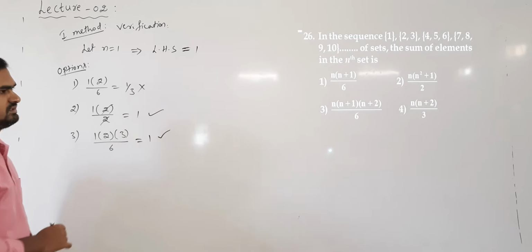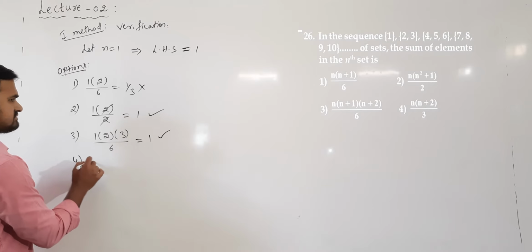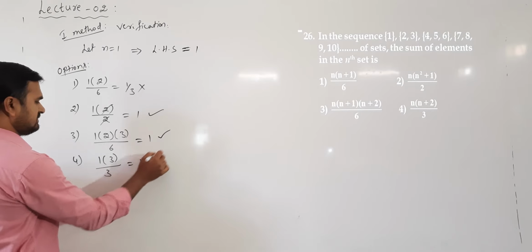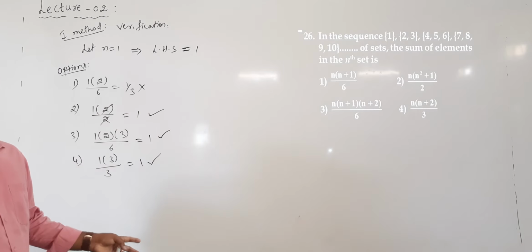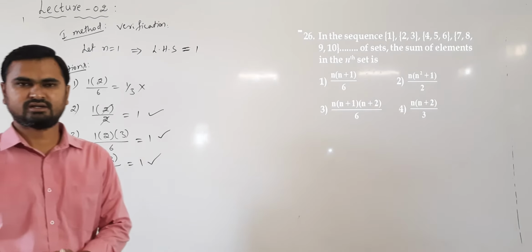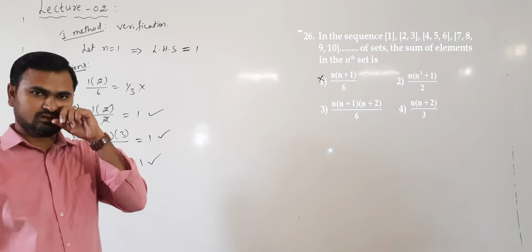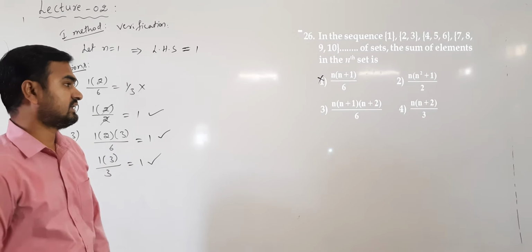So maybe the third option is correct. Fourth option, 1 into 3 divided by 3, which is also 1. So the fourth option also may be correct. Okay, so by one verification we are eliminating the first option. So this cannot be the answer. So either the second, third, or fourth option will be correct.